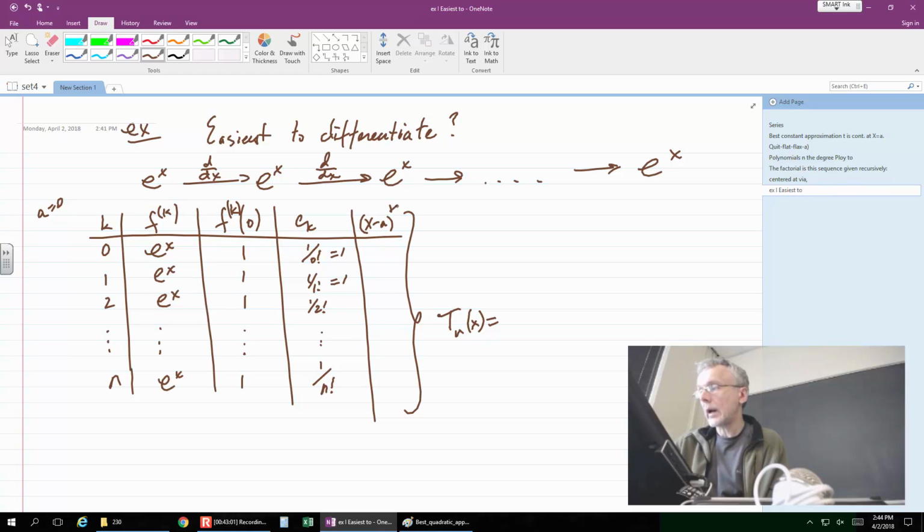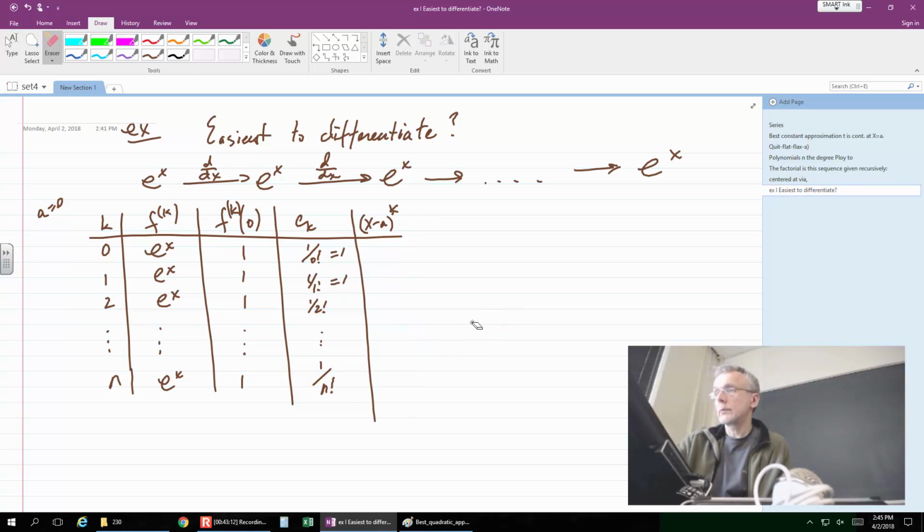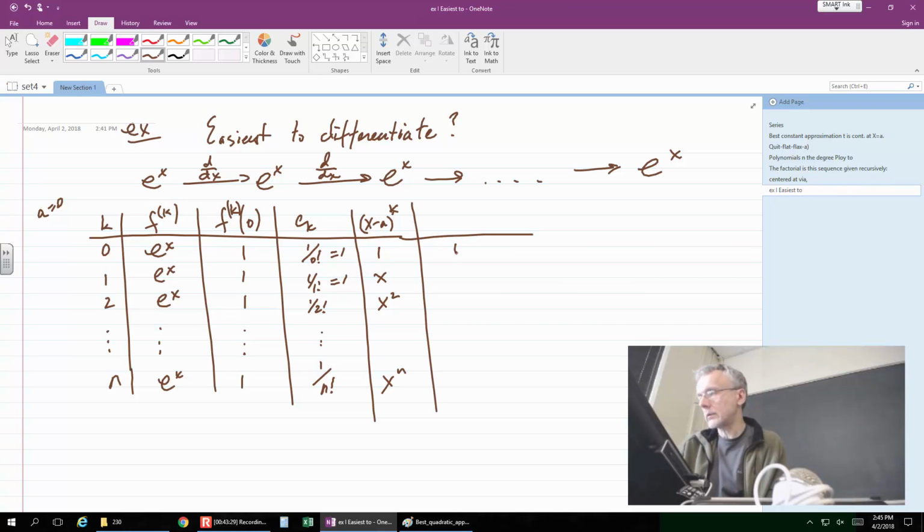I will point out what we have to multiply these coefficients by in order to produce the terms of my polynomial. So they are x, simply x, x squared, x to the n. Now if I multiply these, I'll have 1 x, 1 over 2 factorial x squared. The next you can guess, it's 1 over 3 factorial x cubed, and this is 1 over n factorial x to the n.